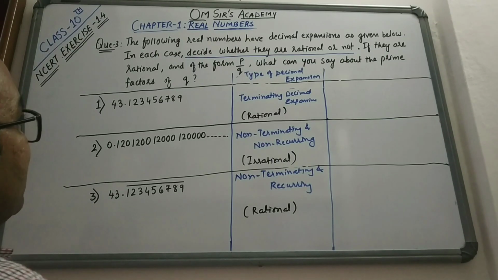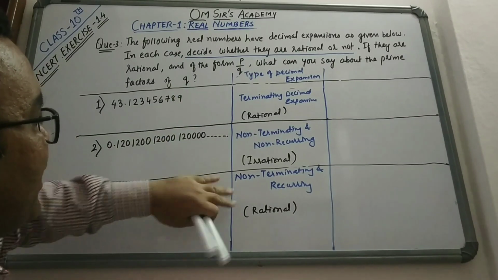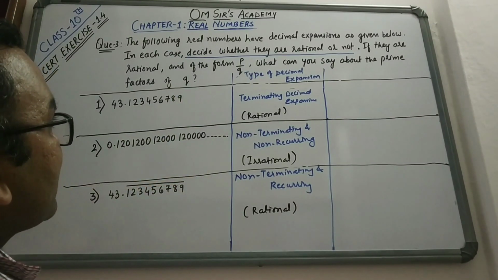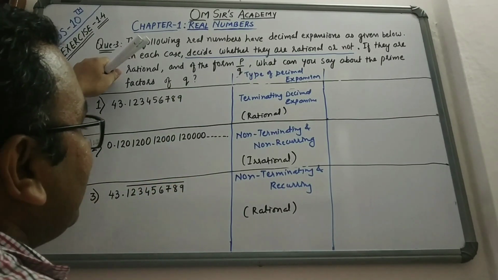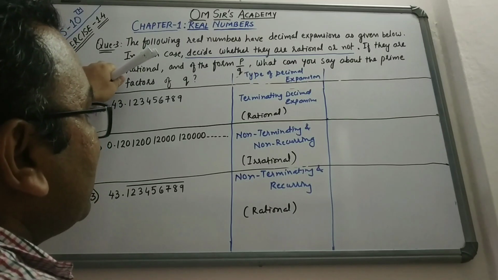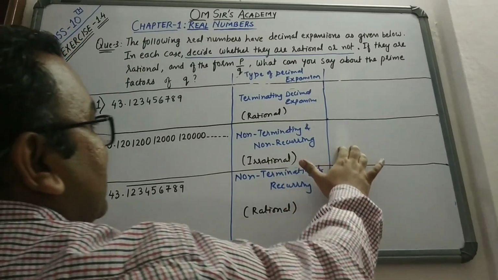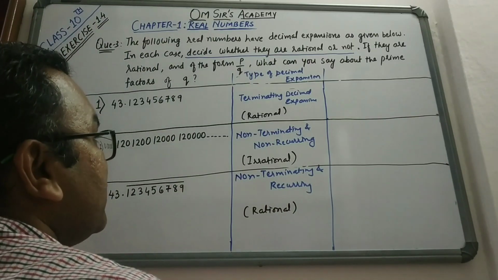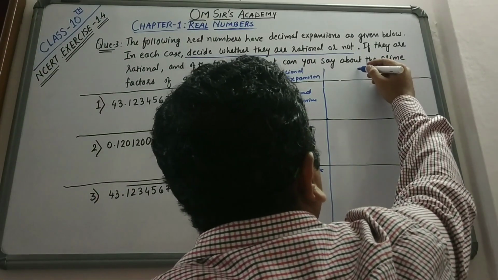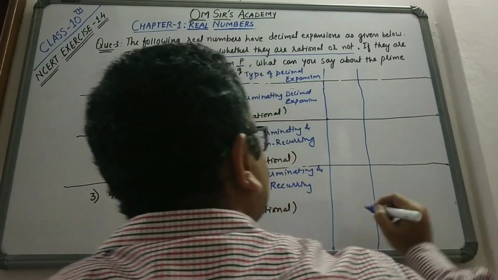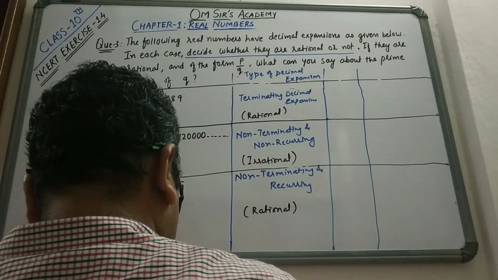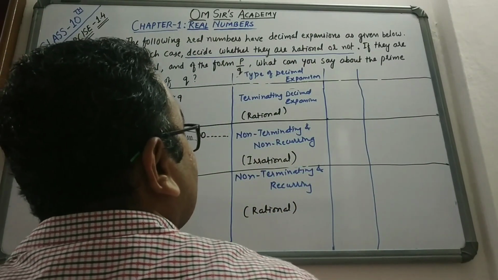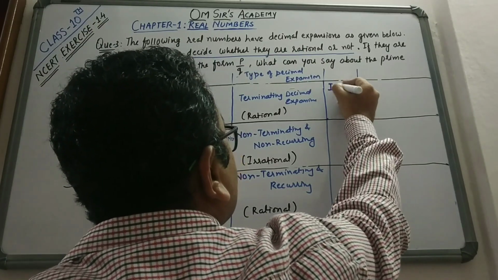Now, these rational numbers can be expressed in P by Q form. So what can you say about this? This cannot be expressed in P by Q form. Okay, so here, as this is a rational number, it can be expressed in P by Q form.